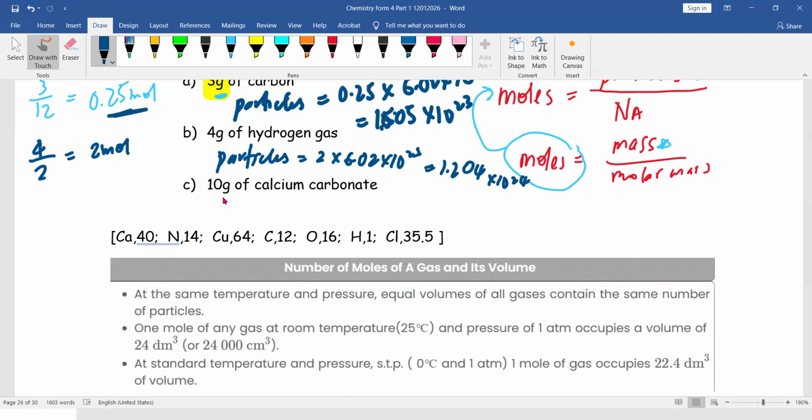Okay. 10 grams of calcium carbonate. Calcium carbonate is 100. CaCO3. We did it last week. Did you count this? Okay, count this. I gave you last week. CaCO3 is calcium carbonate.